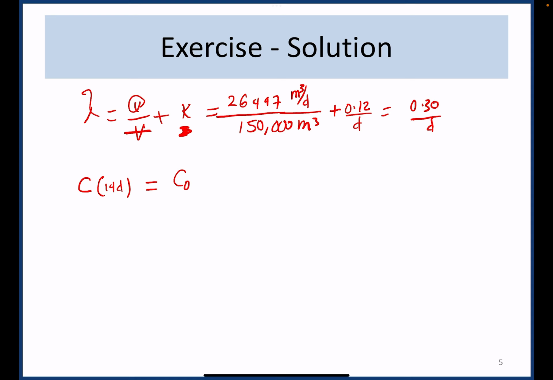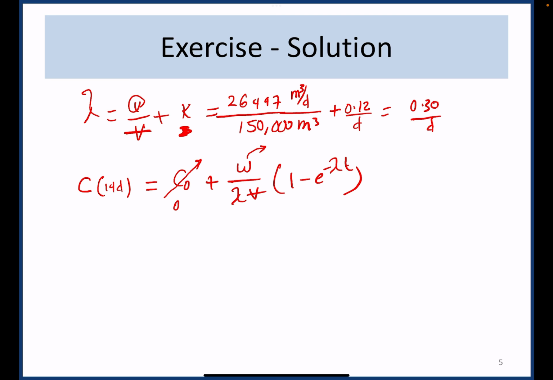There is no information about that, which means this can be considered 0, plus loading over lambda volume times 1 minus e to the minus lambda t, and that was given in the note. We will assume that initially the pond is clean, there is no pesticide inside the pond initially. So this is going to be 0, assumption 0, and now we have to convert the W.